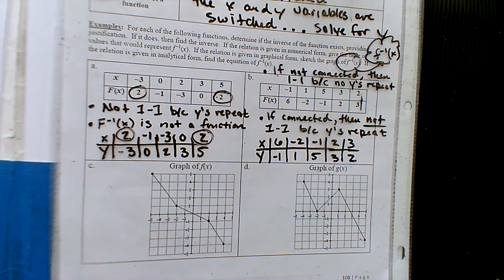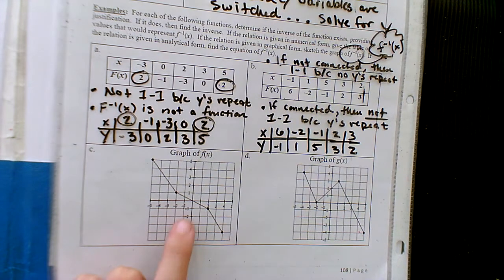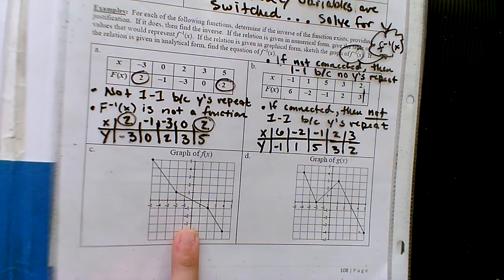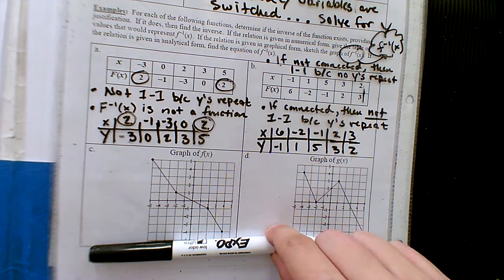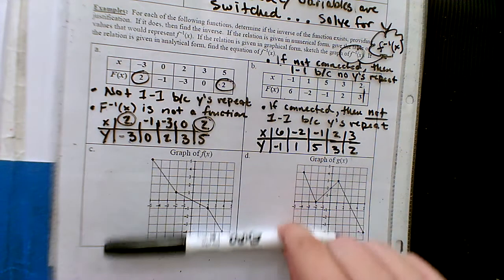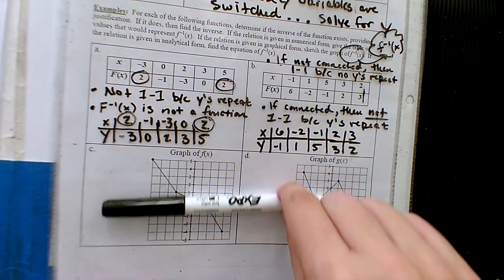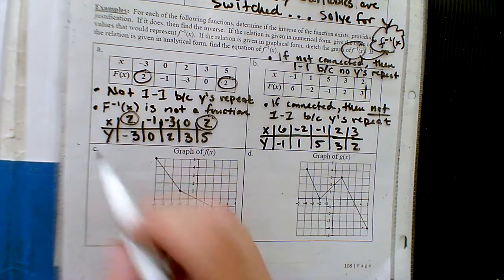Are we okay with table examples? Be careful, we have to think about whether the points are connected. Let's take a look at graphs. How do you think we can determine if this graph is 1-to-1, if it has any repeating y values? Horizontal line test. All right, so put your pencil down horizontally. If you trace it up and down, kind of like our range concept, notice how you'd only touch once.